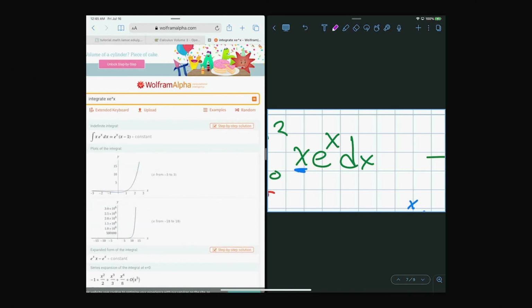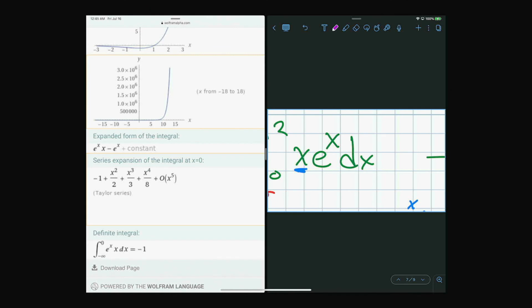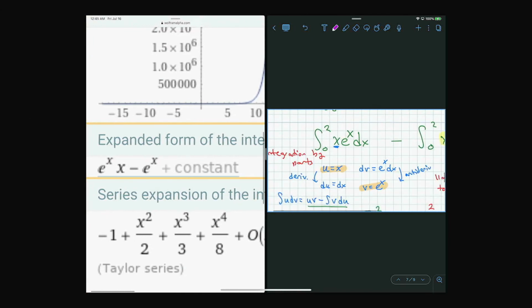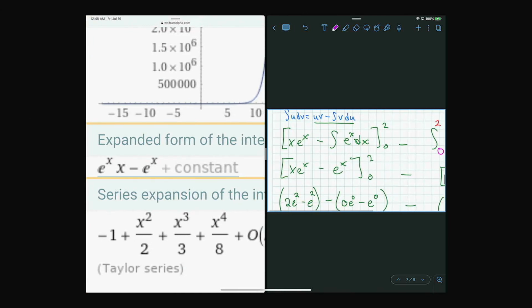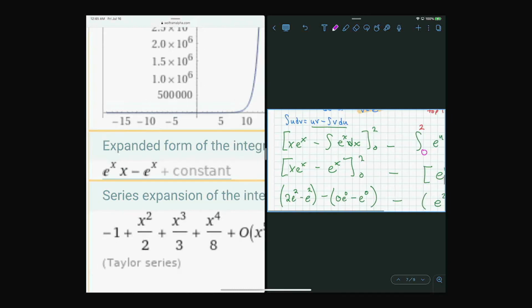If you just need the answer, you can get it from here, right? Expanded form, e to the x x minus e to the x, which of course we would have gotten, x e to the x minus e to the x. You could integrate that from 0 to 2 as well.